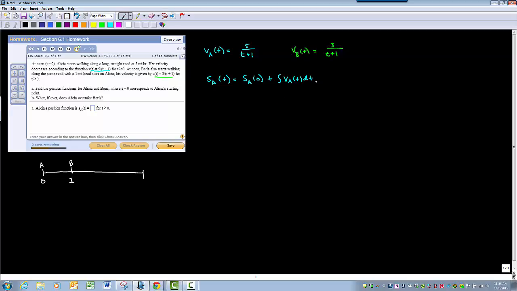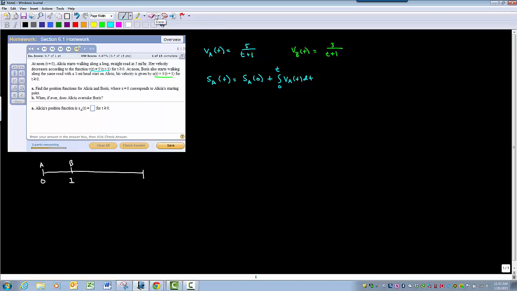Now here I have to be careful. If I'm going to use t here, then my integral has to go from 0 to t, which means that I have to change this variable right here, this t and this dt.